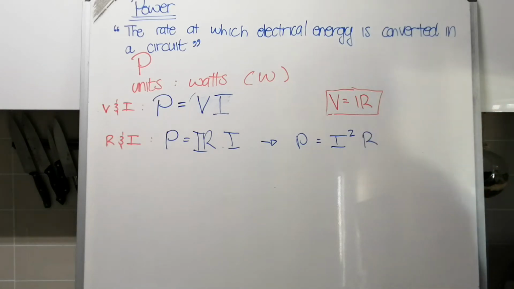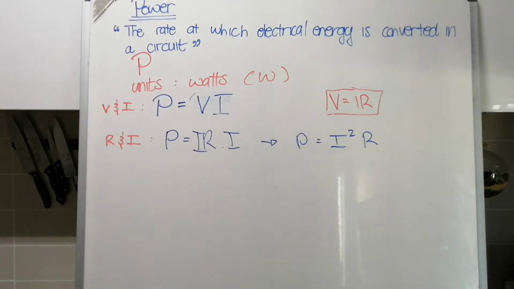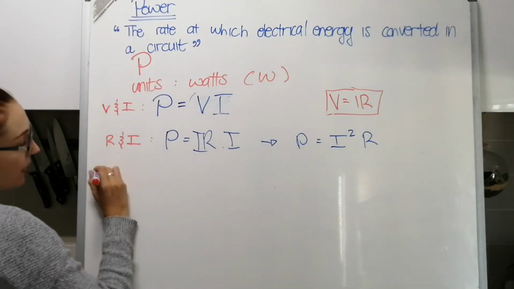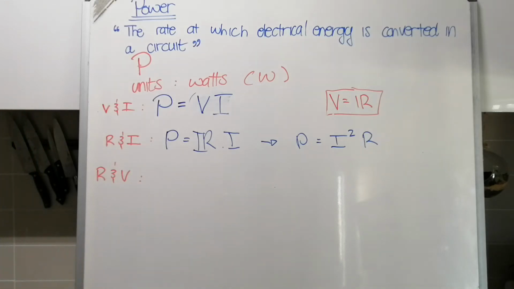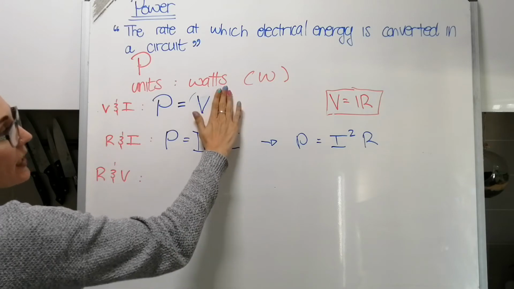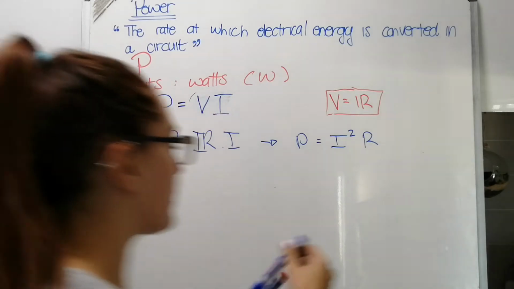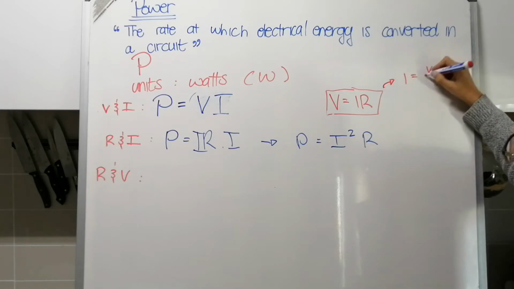And then the third option is if I didn't know the current at all, instead I knew the resistance and the potential difference. That means if we were looking at this original formula, I'd want to get rid of current. I is equal to V over R, right?